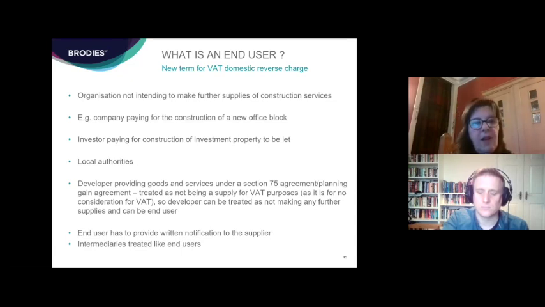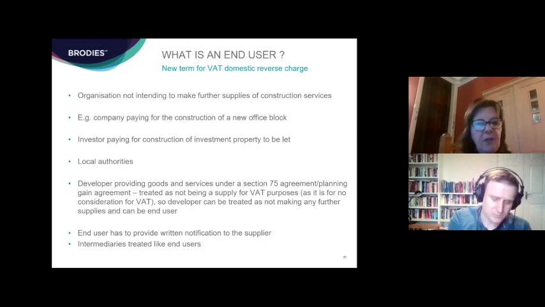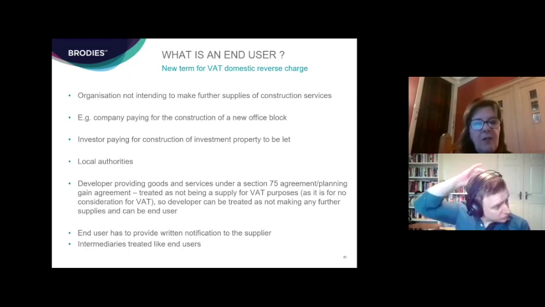If you're an investor and you're buying a let property, then again, you won't be making further supplies. Local authorities are likely to be end users.